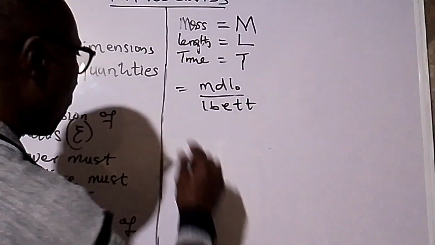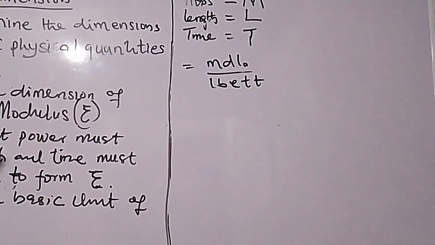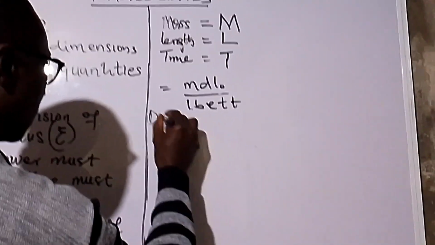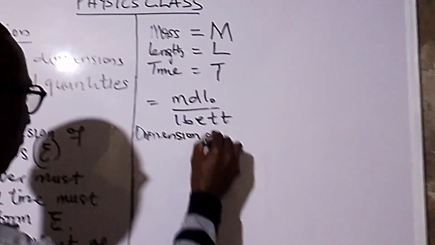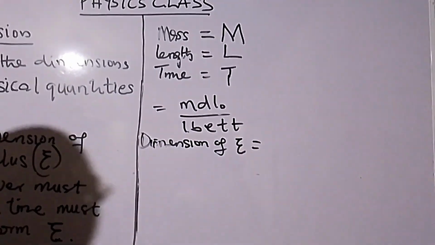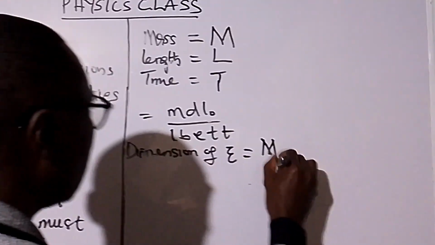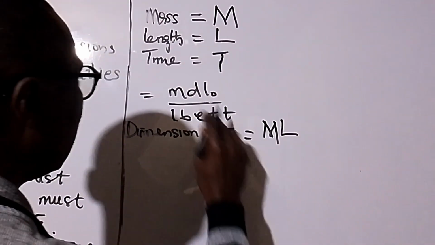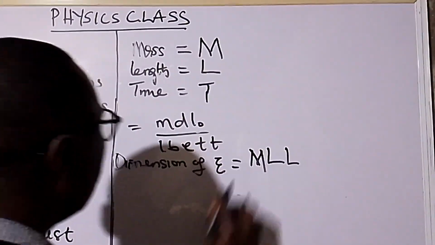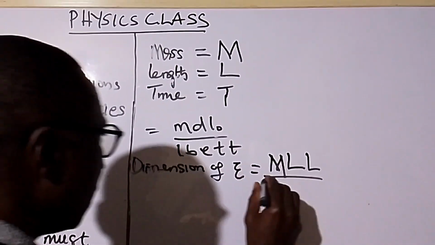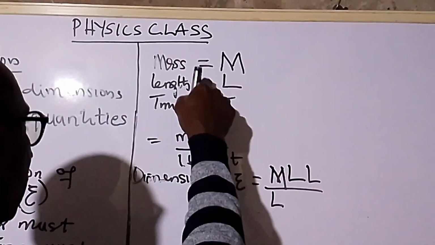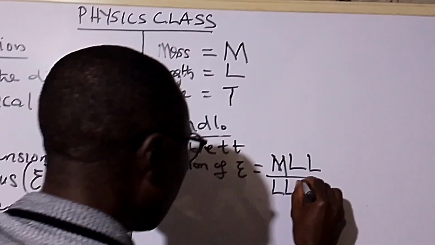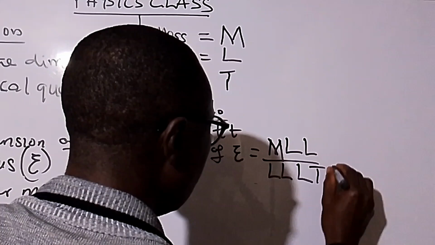So to relate this now, we are going to have the dimension of Young modulus equal to capital M for mass, displacement, capital L for length, another capital L over length again, capital L, breadth relates to length, capital L, extension or new length relates to length, capital L, then t.